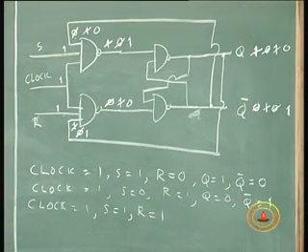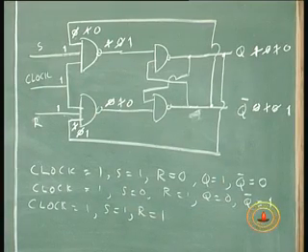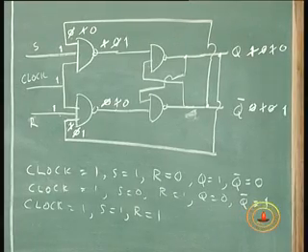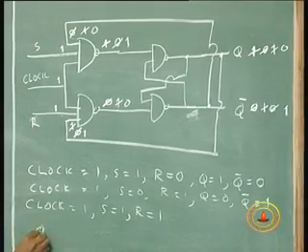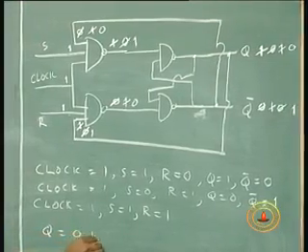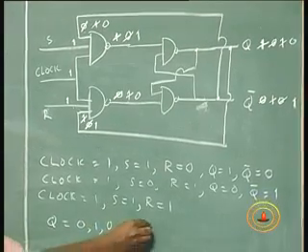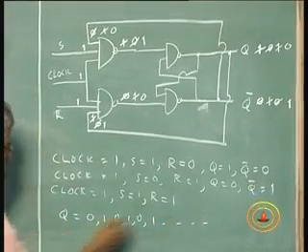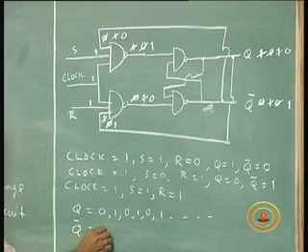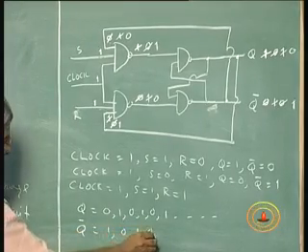As long as I keep my clock high and as long as I keep R equal to 1, S equal to 1, Q changes from 0 to 1 to 0 to 1 to 0 to 1, Q bar changes from 1 to 0, 1 to 0, 1 to 0.